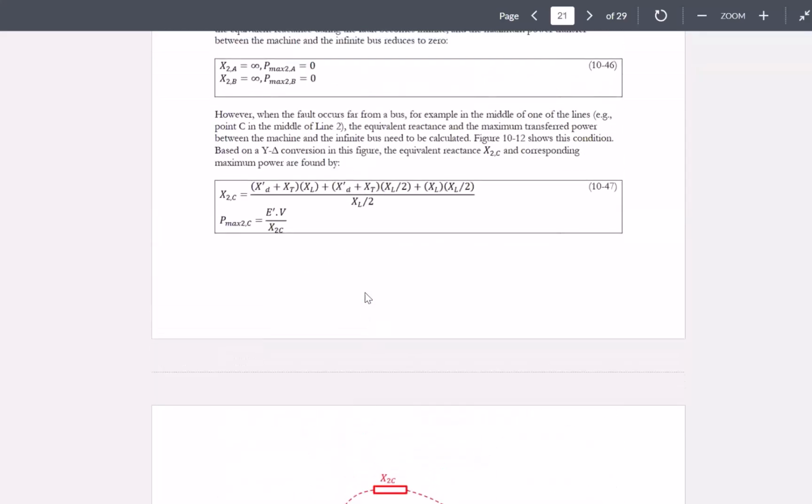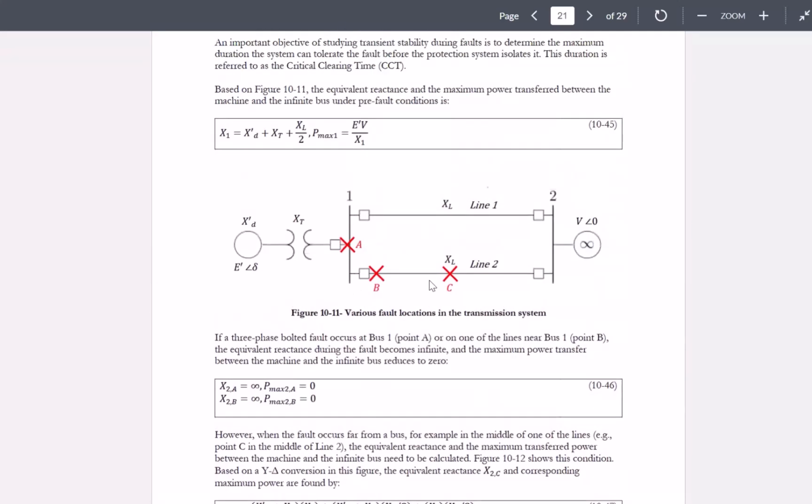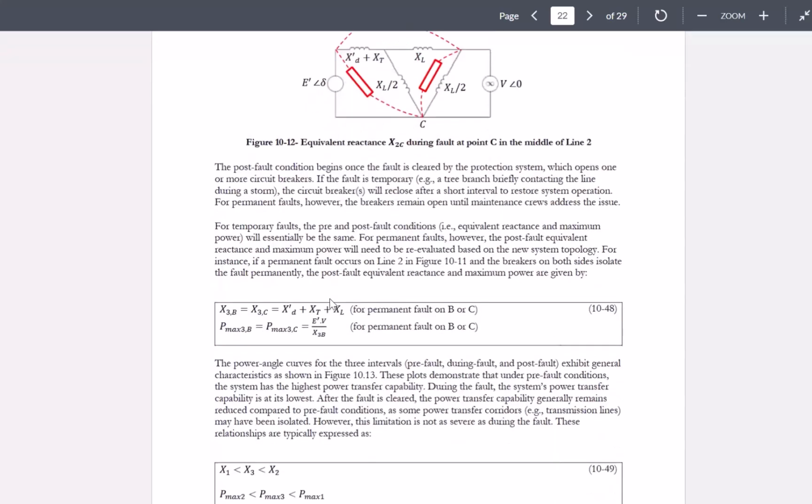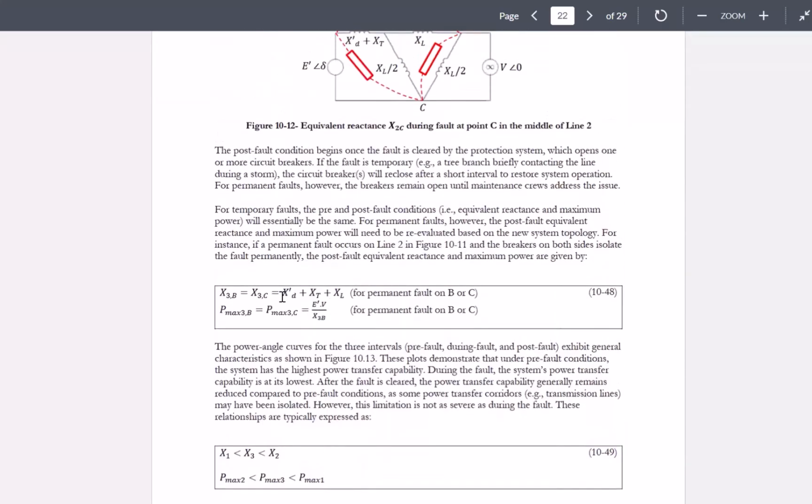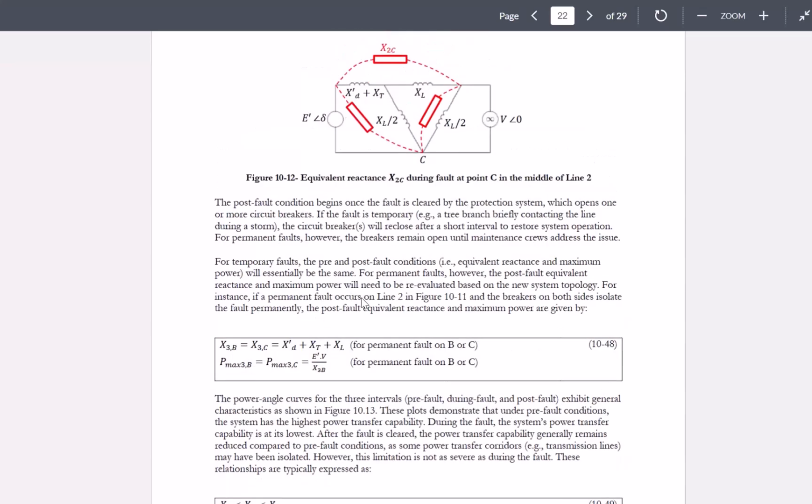Now, if the fault that happened at any of these points was temporary, once you clear the fault, it means that the configuration of the system goes back to the pre-fault, right? Under those circumstances, X3 would be the same as X1.